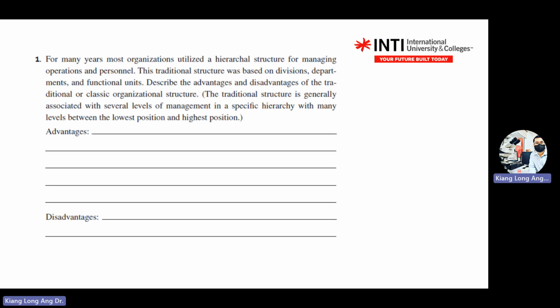Functional loyalty will be stronger than project loyalty. Again, why? In the traditional org chart, who takes charge? The functional manager is the one who has the say on the resources.